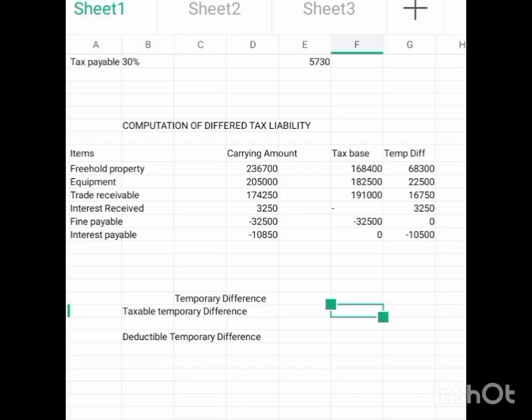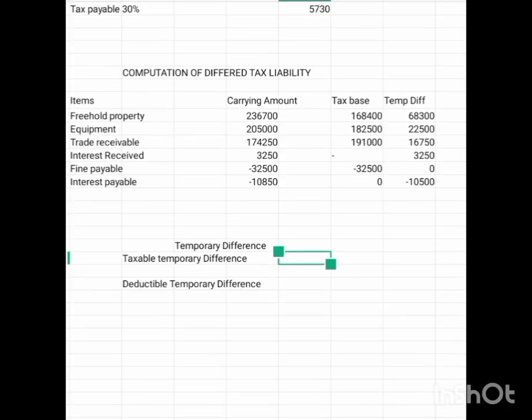Taxable temporary difference. Now, if you check this, you will notice that we have freehold property. Let us write it out. Freehold property, which is 68,300. We also have another figure, which we put in the bracket, which is equipment, 22,500.